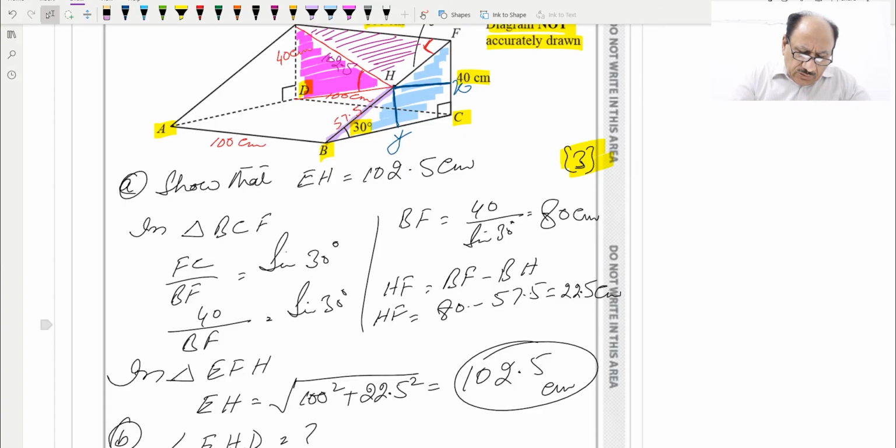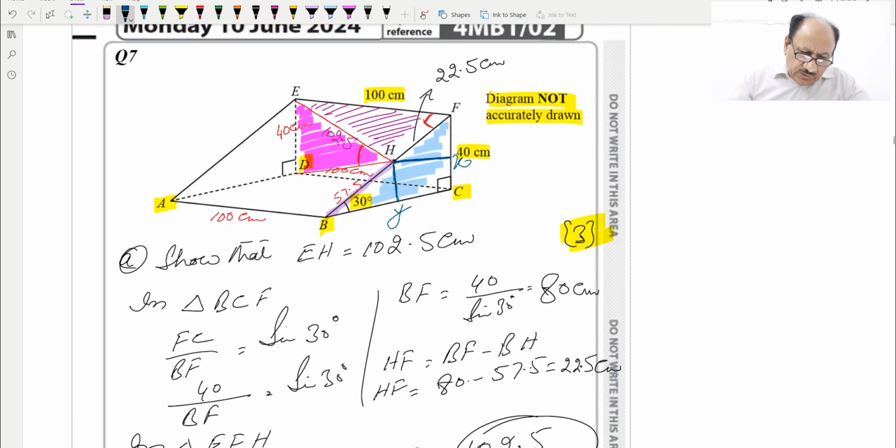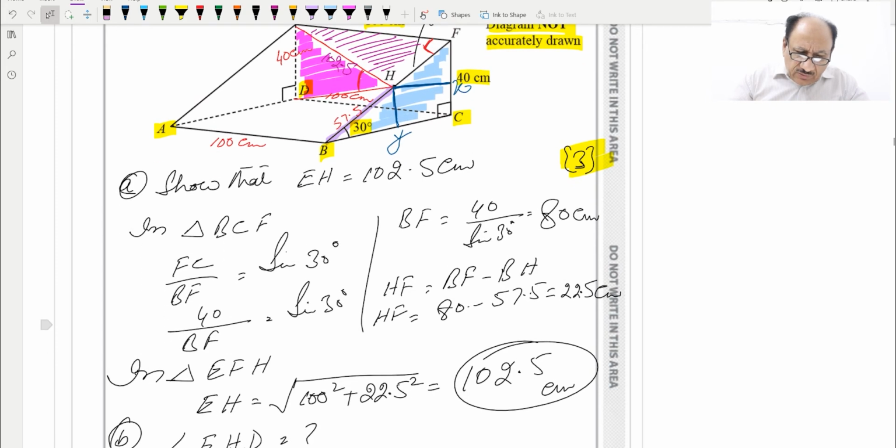Why we are considering this triangle? Because we need the height HY, so that we can utilize that to find the sides of the triangle EHD. So we have two sides of EHD. We need the third side, which is DH. For that length, we will first consider the triangle BHY, where angle B is 30 degrees.